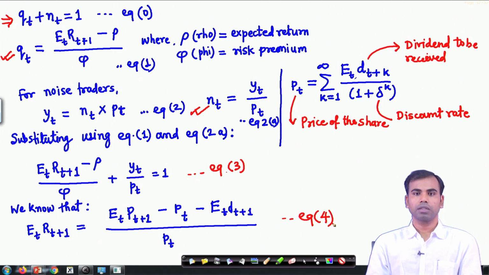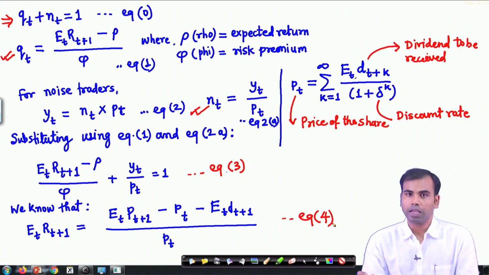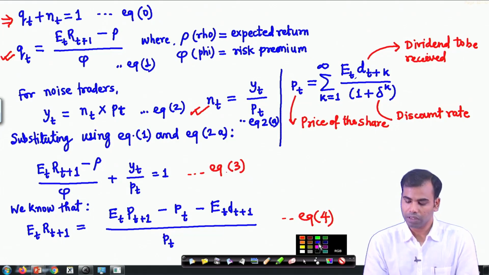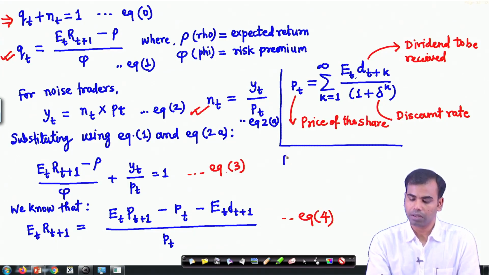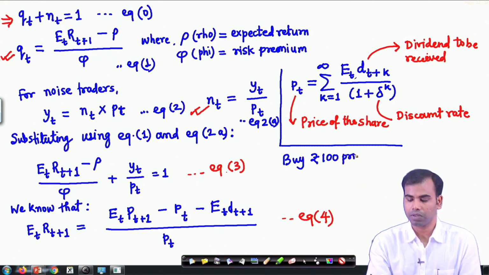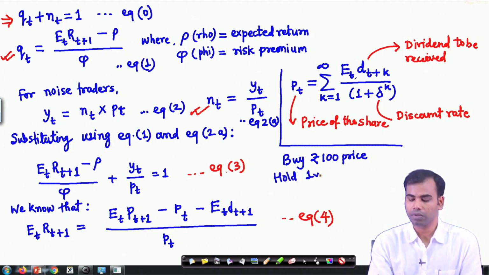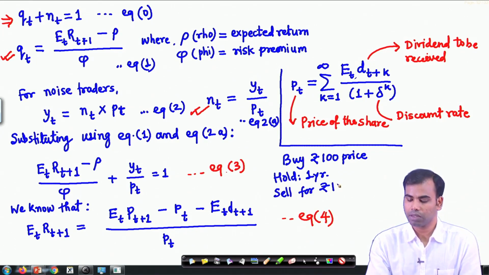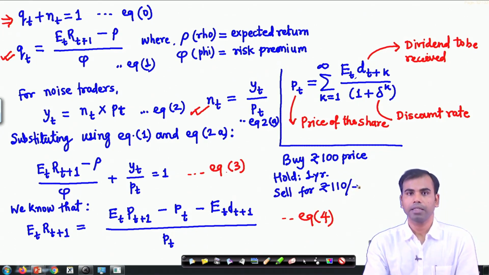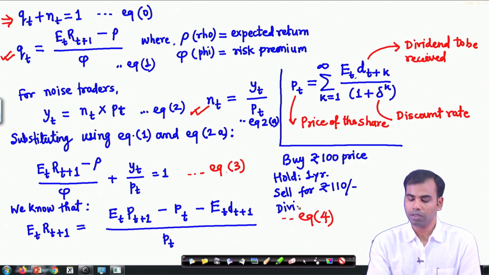So, if I can say this through a simple example, if you have invested in a company and let us say purchase at 100 rupees and you hold it for let us say 1 year. After 1 year you sell this stock for let us say 110 rupees, and in the meantime you have received a dividend of 5 rupees.